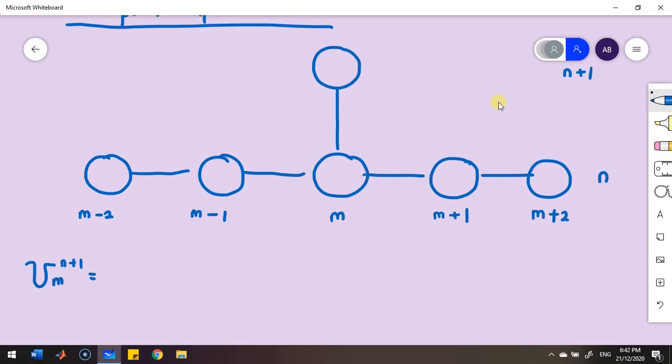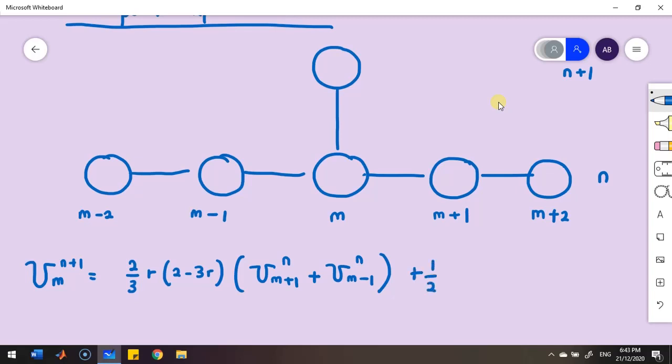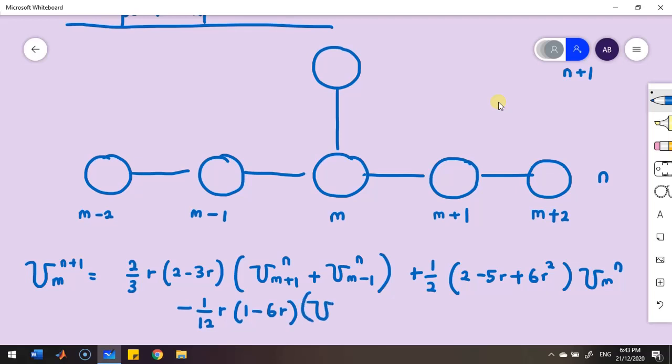Okay, so the equation is given as this. u m n plus 1 equals 2 over 3 r times (2 minus 3r) times (u m plus 1 n plus u m minus 1 n), plus a half times (2 minus 5r plus 6r squared) u m n, minus 1 over 12 r times (1 minus 6r) times (u m plus 2 n plus u m minus 2 n).